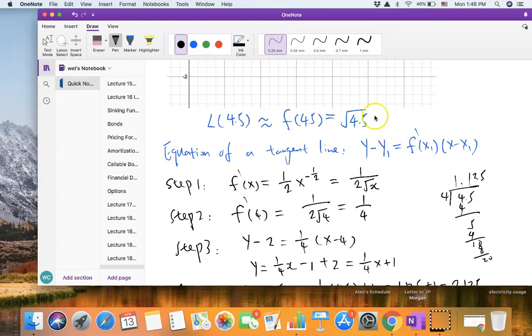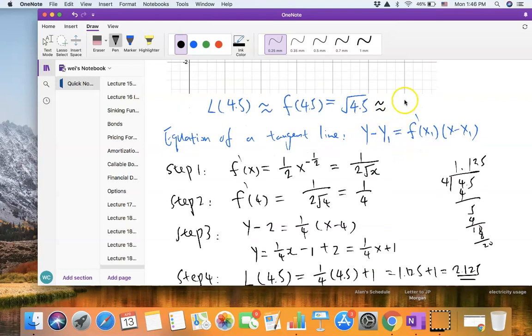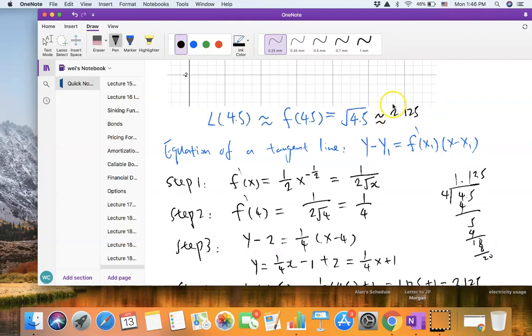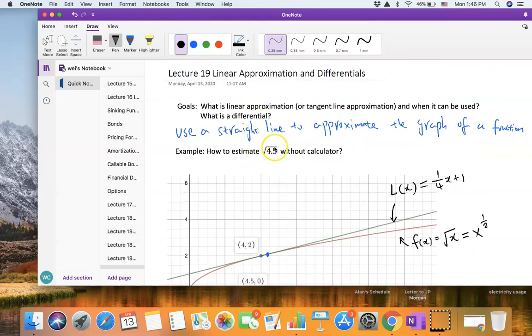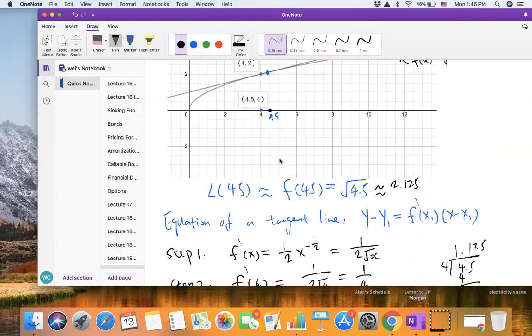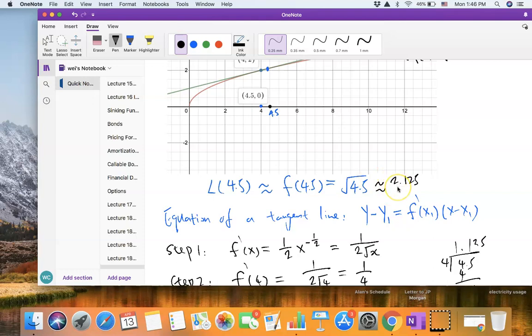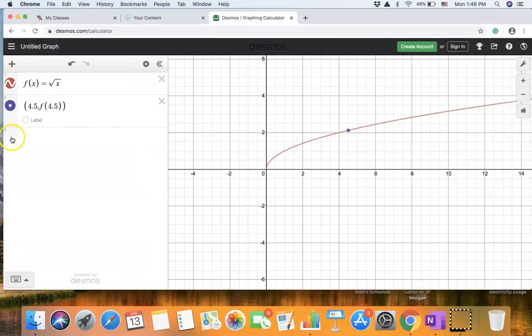So the square root of 4.5 is around 2.125. Again, we're not finding the actual value of the square root of 4.5. Here, what we find is just an approximation. So let's go here.